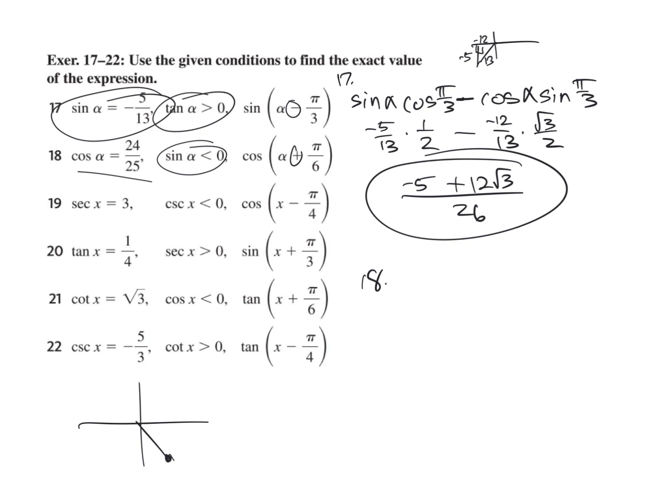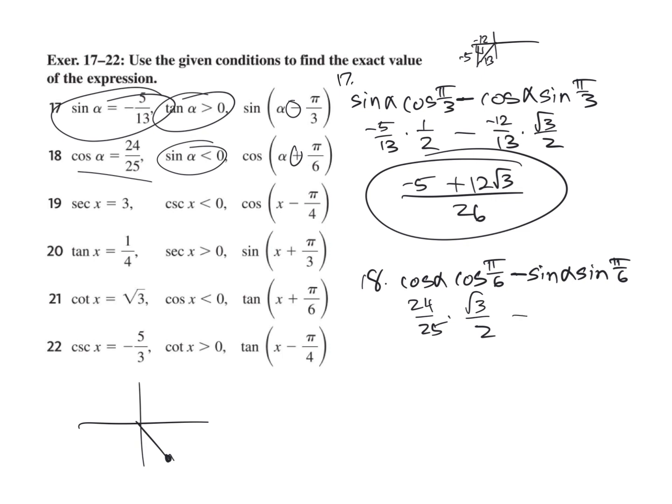We have the cosine with an addition. So the cosine addition would be cosine of alpha, cosine of pi over 6, minus sine of alpha, sine of pi over 6. So the cosine of alpha is 24 over 25. Cosine of 30 degrees is square root of 3 over 2.